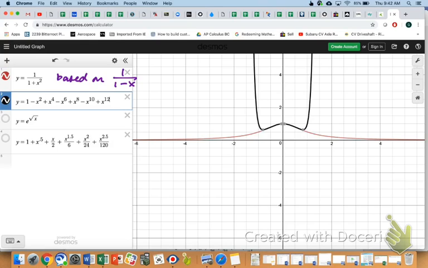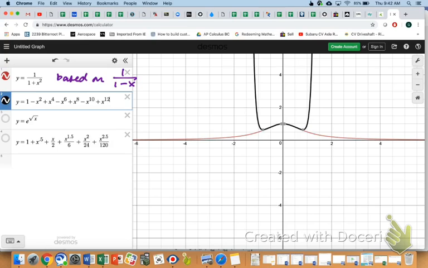What would I need to do to that 1 over 1 minus x to make it look like 1 over 1 plus x squared? Conjugate? No, because if I multiply the bottom by something, I have to multiply the top by something.